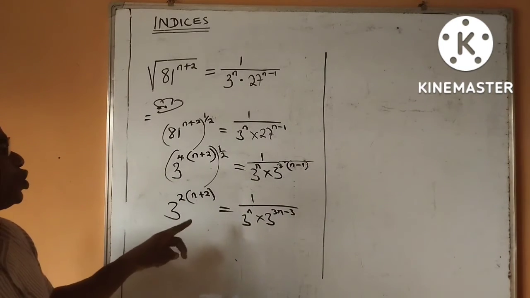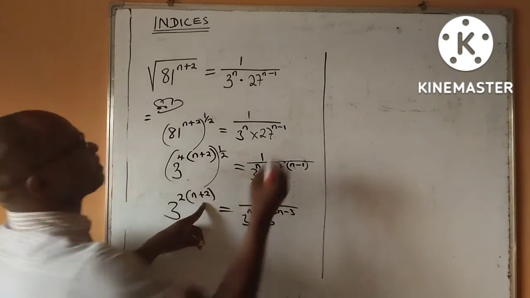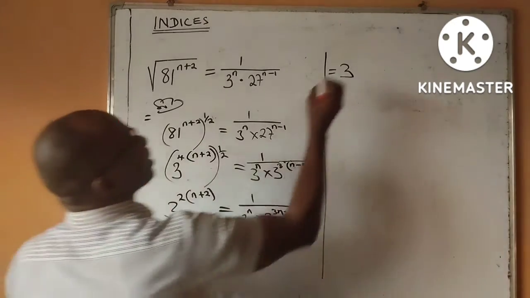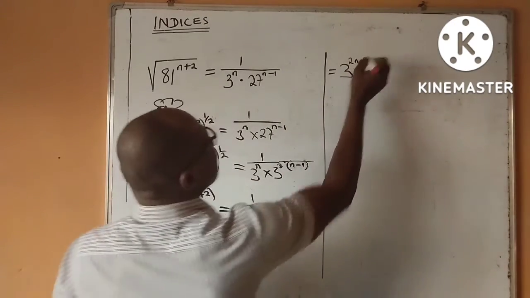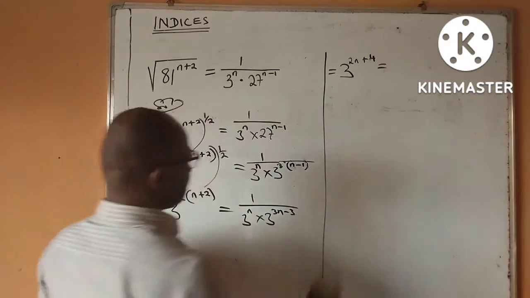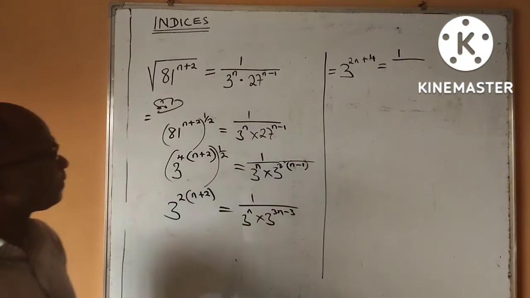Here, I want to open the bracket on the power side. So that means I will be having 3, then 2 times n will give me 2n, and 2 times 2 will give me 4, plus 4 equal to 1 all over. Watch out here.